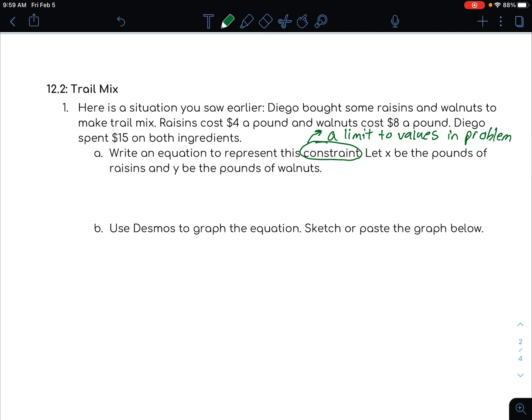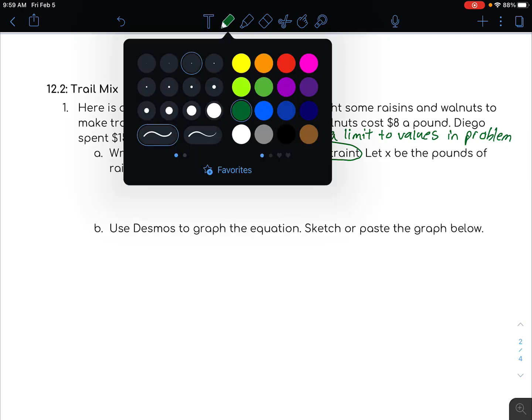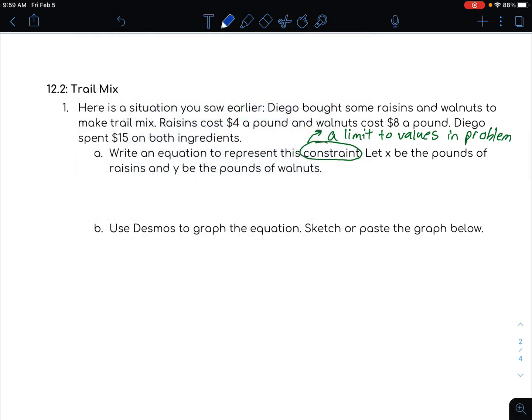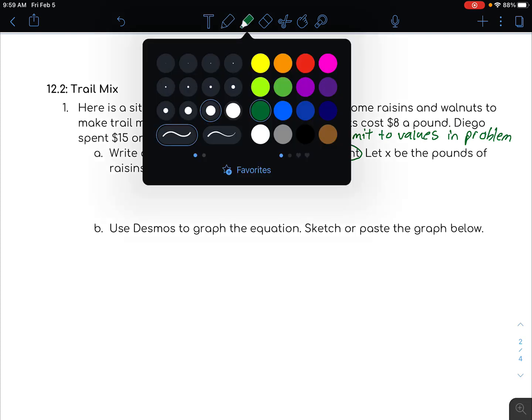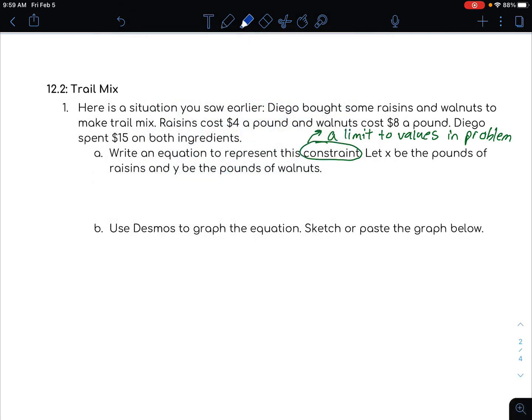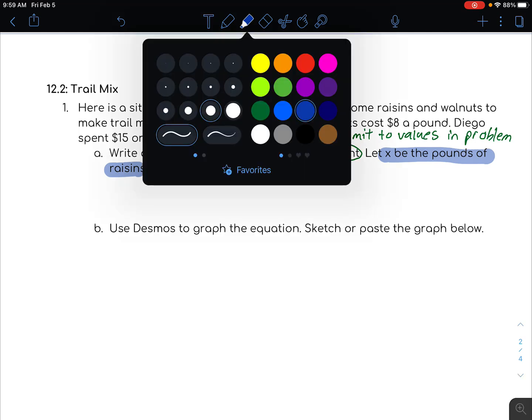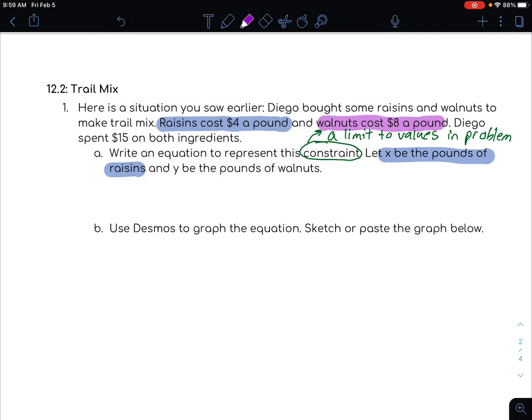So let's go ahead and write that equation again. We already wrote the equation on the first page. However, what we're going to do now is use x and y as our variables. Recall, raisins cost $4 per pound, and x represents pounds of raisins. Walnuts cost $8 per pound, and y is the pounds of walnuts.